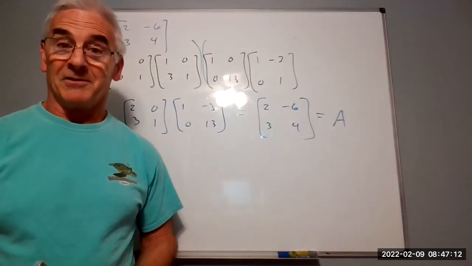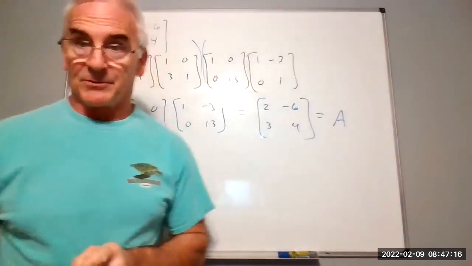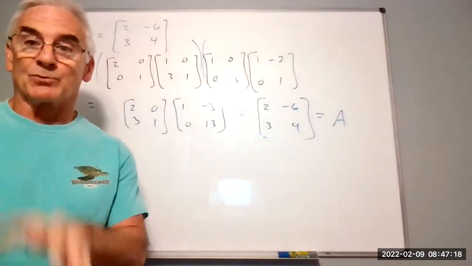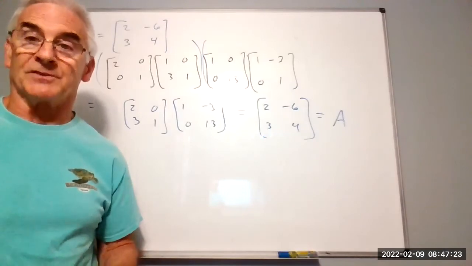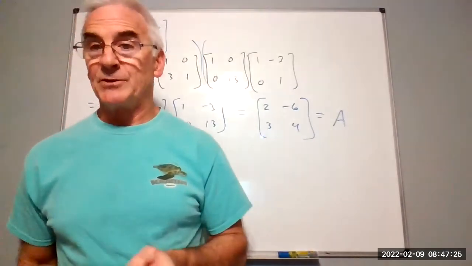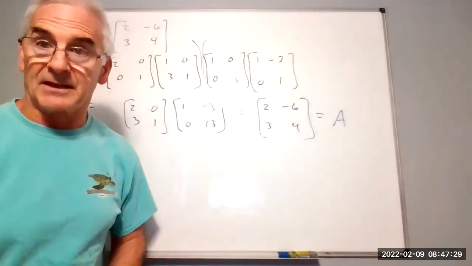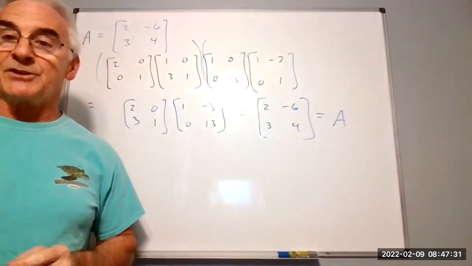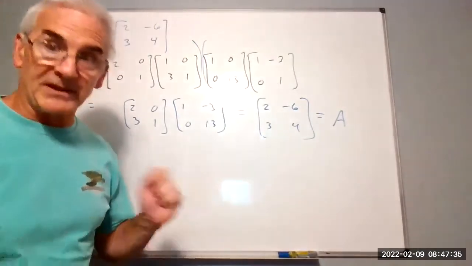Whoa. So if I start with a non-singular matrix, we know it's row equivalent to the identity matrix. Okay, that's one of the equivalent conditions. So if I have a non-singular matrix and I do all the row operations necessary to get it to look like an identity, each of those row operations is equivalent to a matrix multiplication of an elementary matrix.